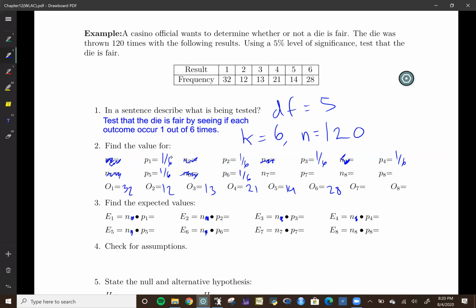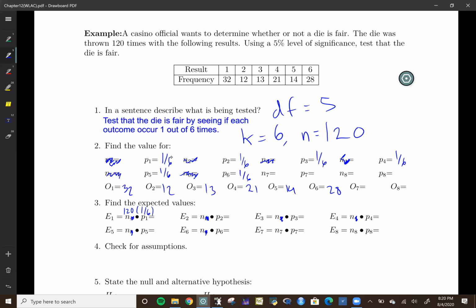All right, so to get the expected value for E1, that'll be 120 multiplied by P1, which is 1 out of 6. So if I do 120 times 1 out of 6, what would I get? Cool, 20.